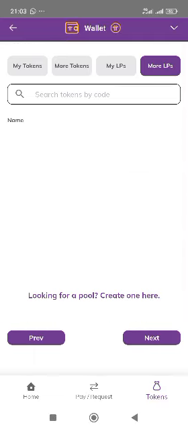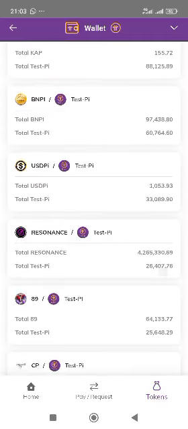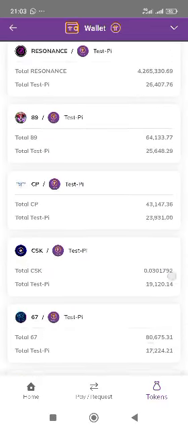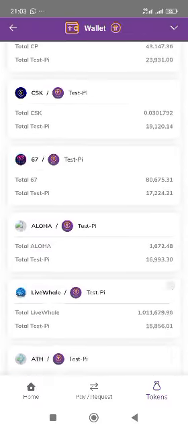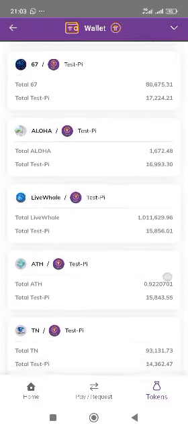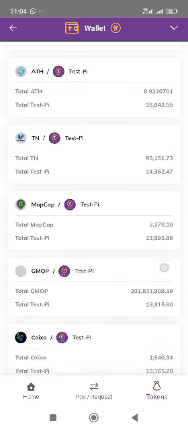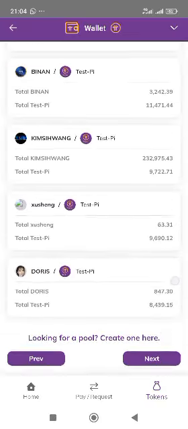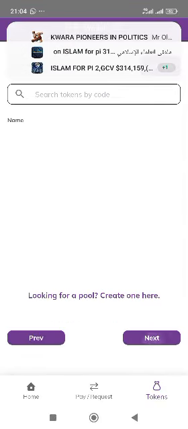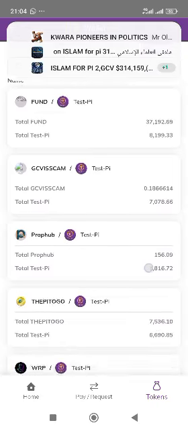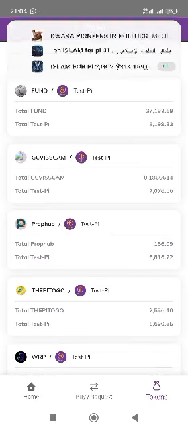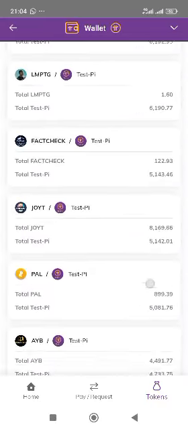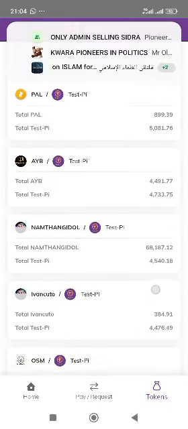I don't want this video to be too long again. So in summary, any coin you want to provide liquidity to, you must have both the 2 coins. That is what this one is telling us.